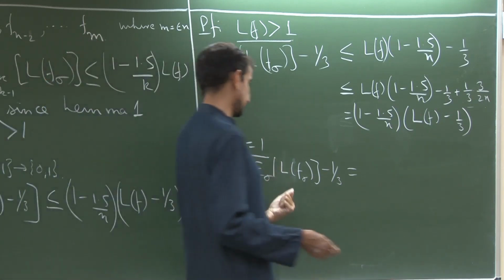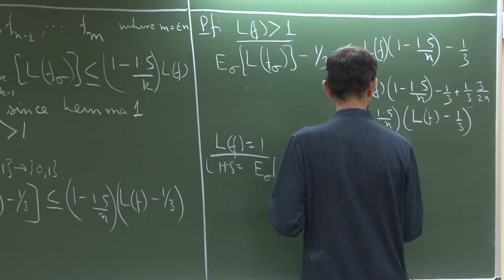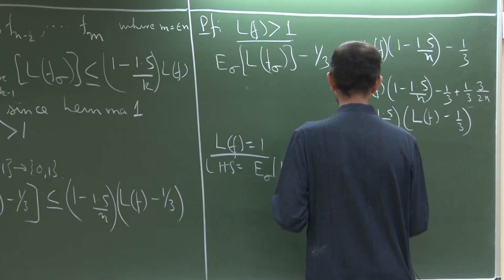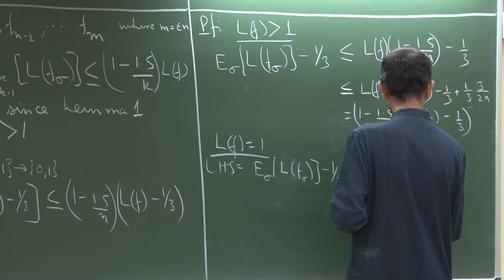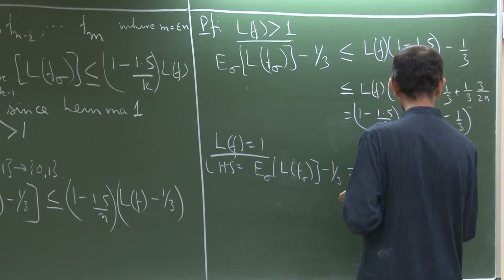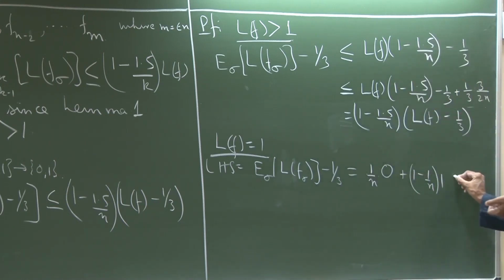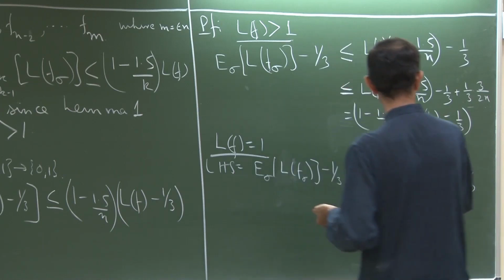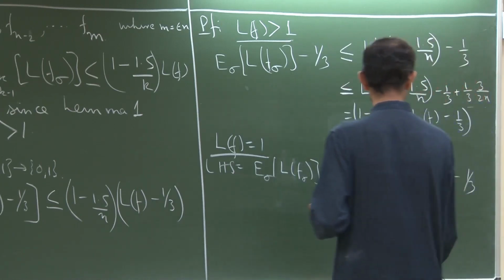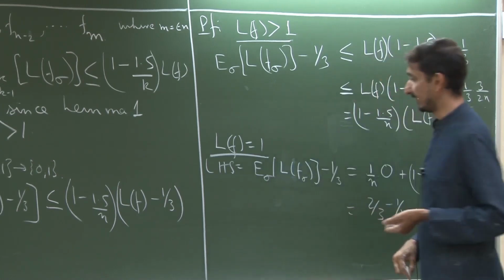If I pick that particular variable, the size becomes 0, and for all the other variables, with probability 1 minus 1 over n, the size remains 1. Minus 1/3. So, this is 1 minus 1 over n minus 1/3, which is 2/3 minus 1 over n, right.